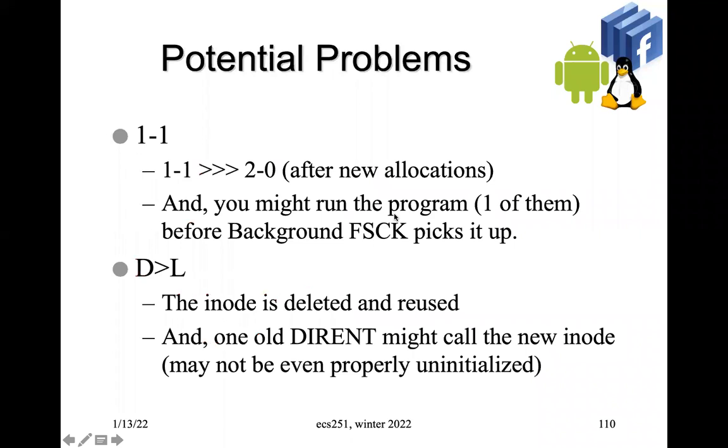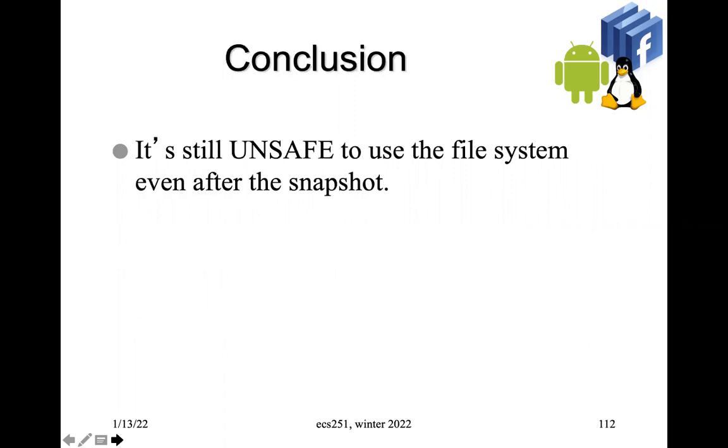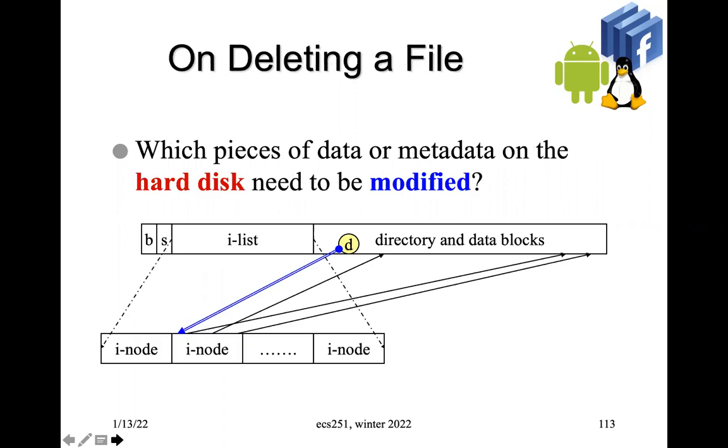So we know this problem, 1-1 and D greater than L. These are the things we need to worry about. I'm going to talk about the first thing. Let's say I want to delete a file. Assuming I want to delete a file, I'm deleting the file in two different places.